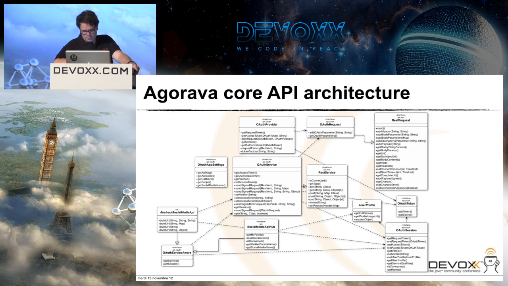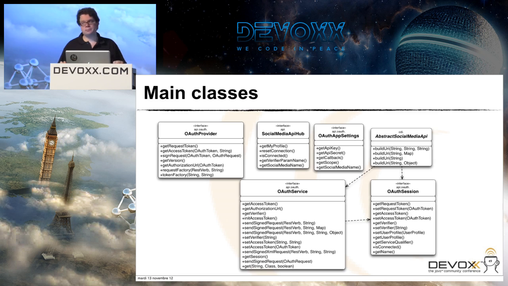And finally, the last important class is the one on the right. It's the host session. There is one host session object created for each connection, and it contains user-specific information like the access token, and brings some cache around the user identity and user profile in the framework.